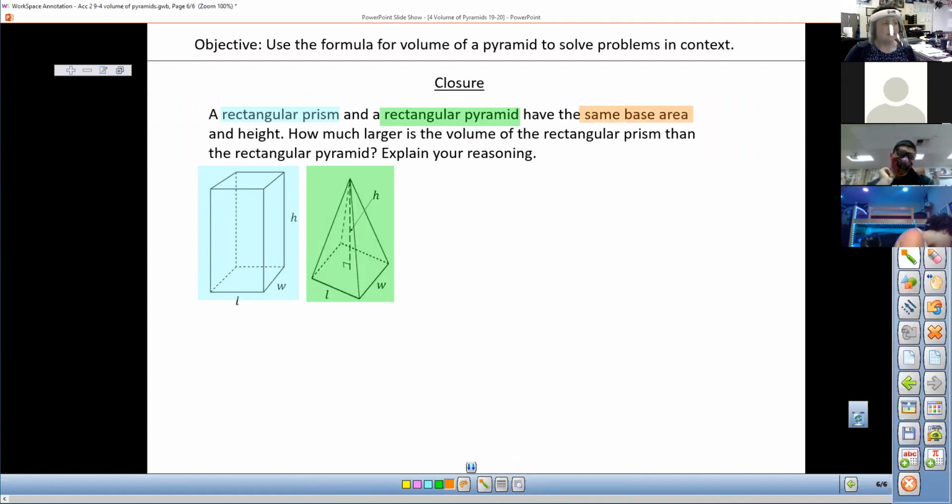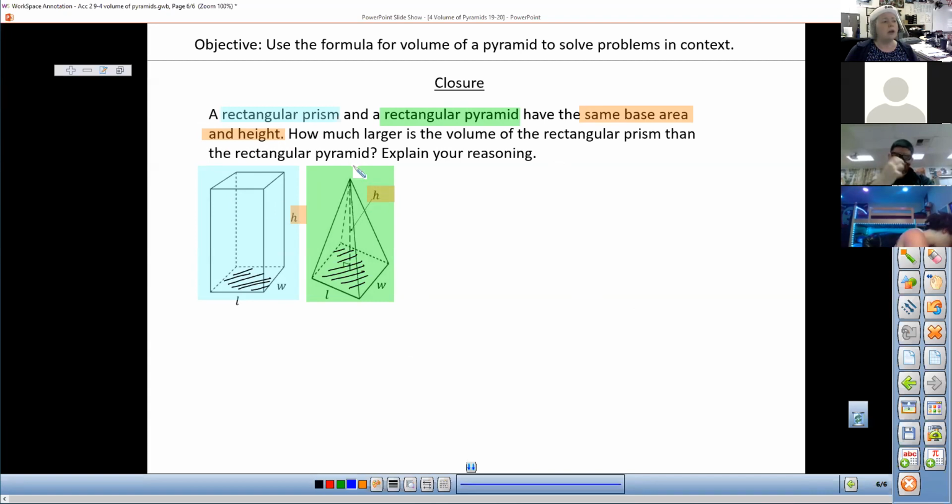So that means we can kind of see here, it looks like they're rectangles, maybe squares. So these areas are the same. We're also told that they have the same height as one another. So the heights here and here are both the same measurement.